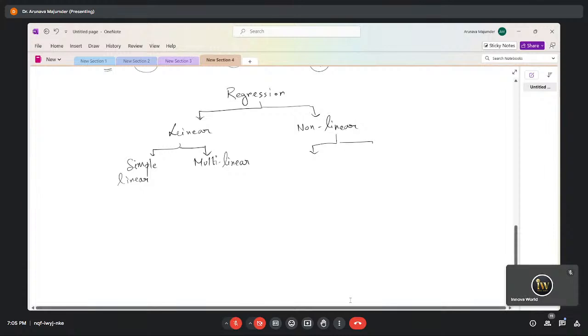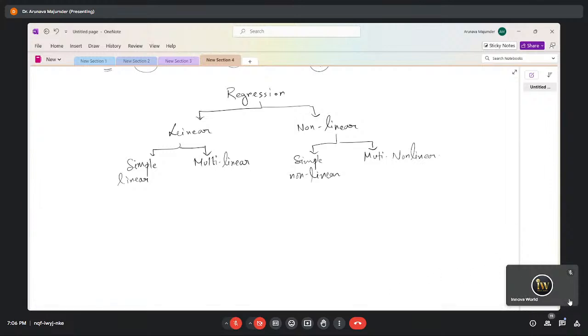Similarly, nonlinear also has two categories: simple nonlinear and multivariable or multi nonlinear. It is based on the number of independent variables.